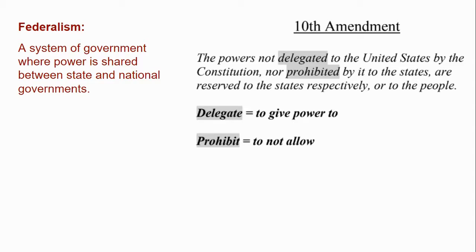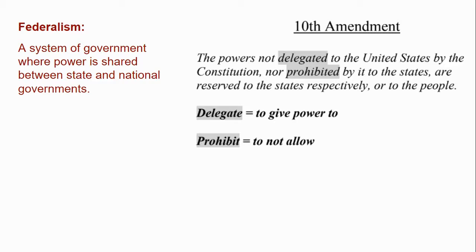So if the Constitution doesn't say something about a certain topic, I'll give you an example. Education, the Constitution doesn't say anything about the national government having the power over education. Then it becomes the power of the states to make those decisions for themselves.